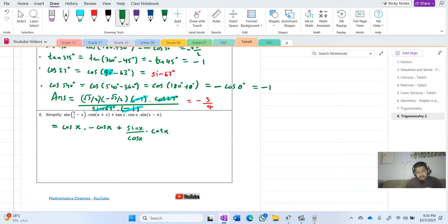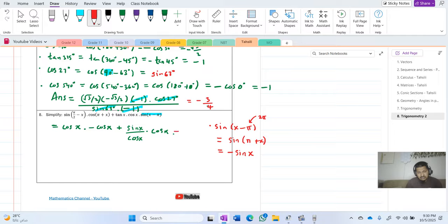I'm going to add a revolution here, so add 2 pi. I will get sine of 2 pi minus pi, which is pi plus x, right? And that is in the third quadrant, sine is negative, so times negative sine x. Now I've got cos x times cos x, which is negative cos squared x.